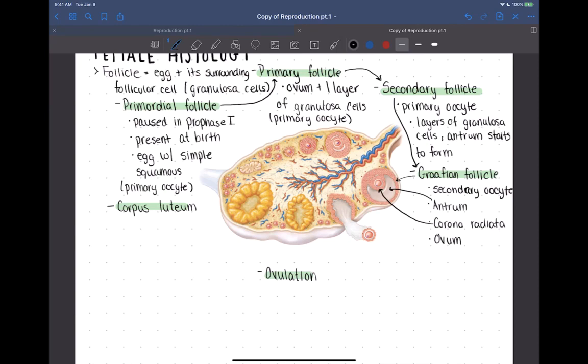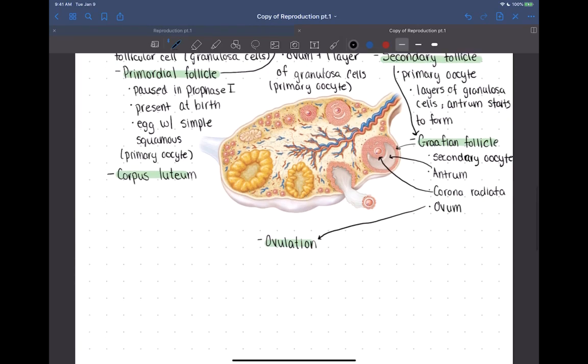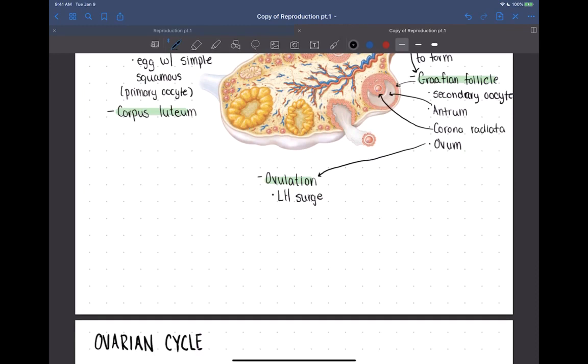From there, we're going to go to ovulation. Once that Graafian follicle has developed, there will be a hormone signal that stimulates ovulation. That hormone signal is the surge of the hormone luteinizing hormone, which we talked about before. So there is an LH surge. That is the signal for ovulation.